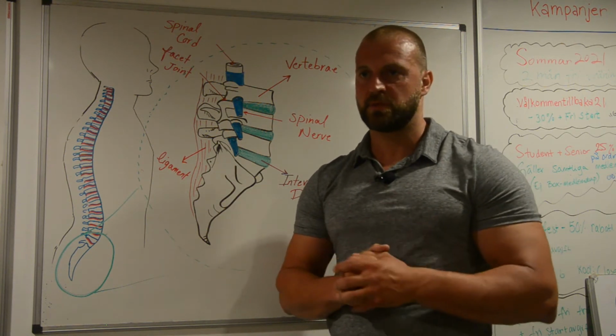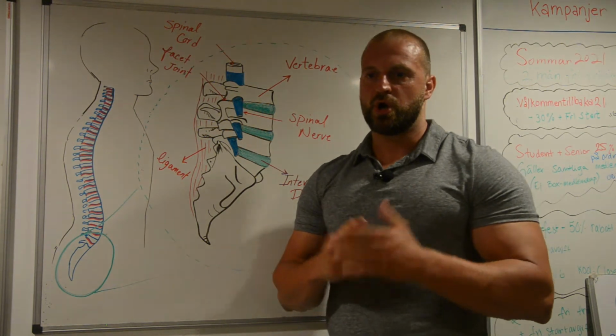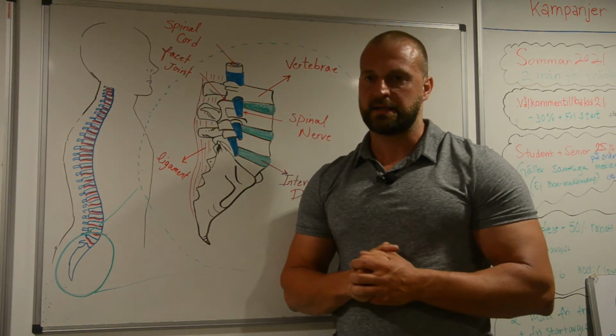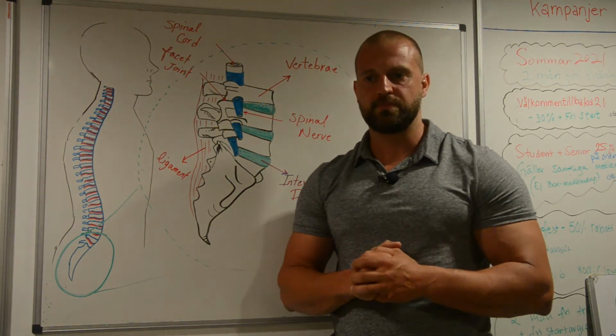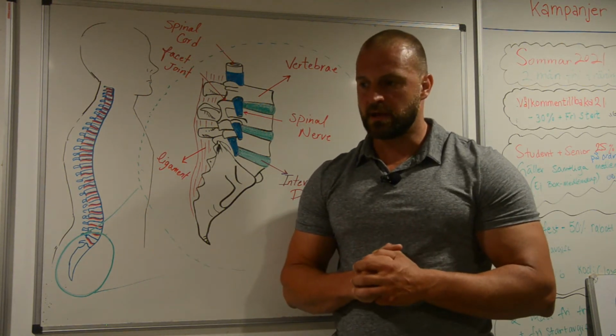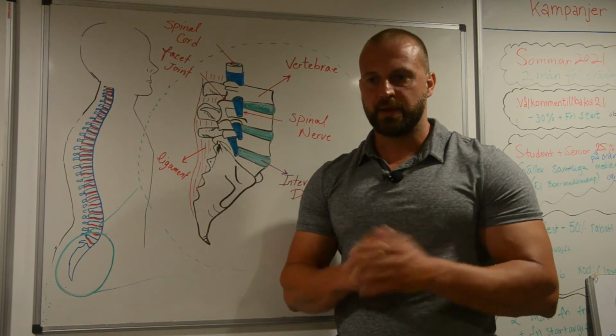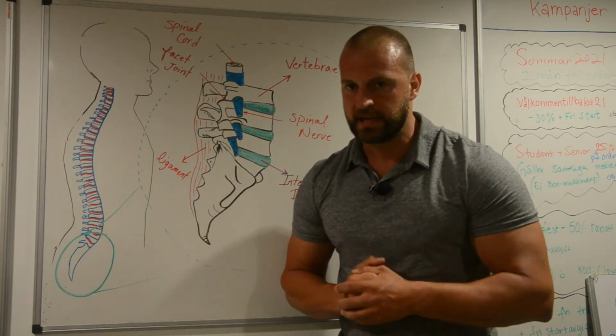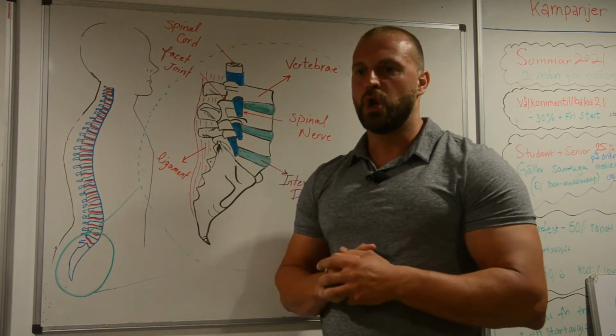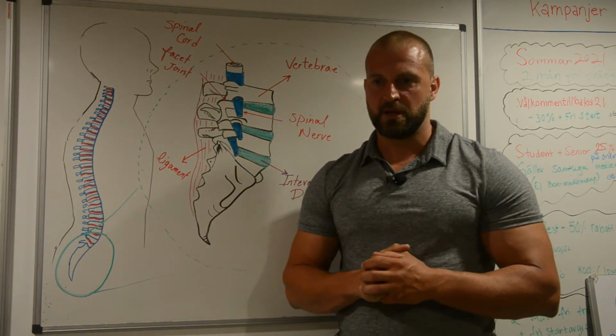First, let's see what lower back flexion is. When we're doing deep squats in the gym, the butt wink, or in daily life when we want to, for example, tie a shoe, we have lower back flexion.